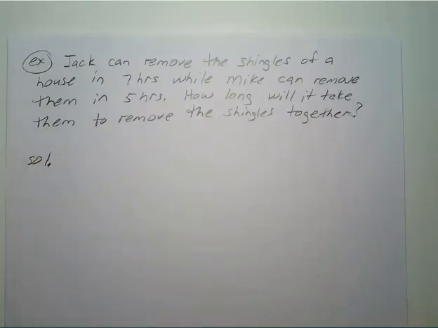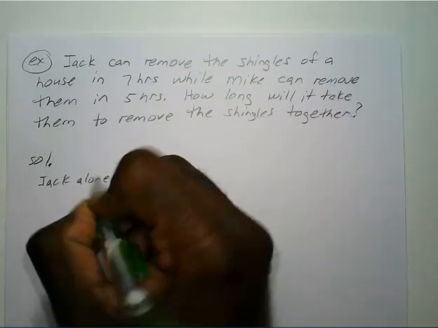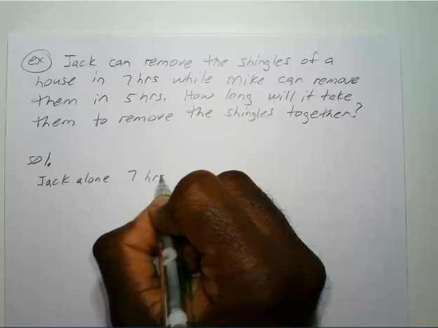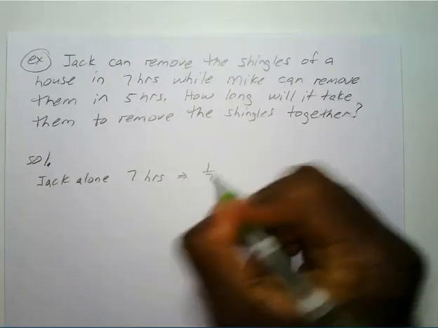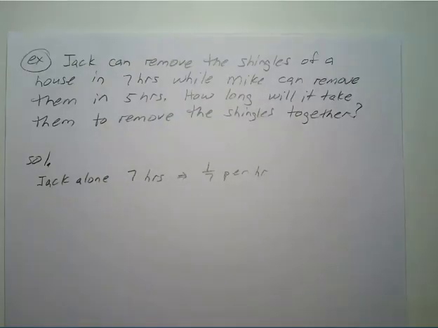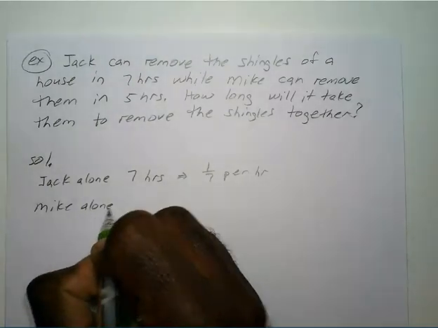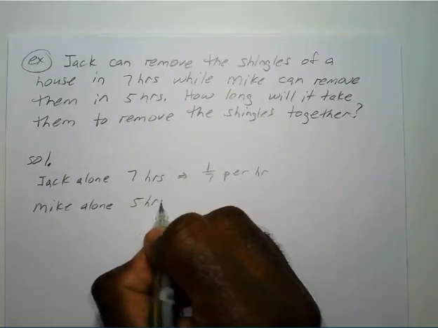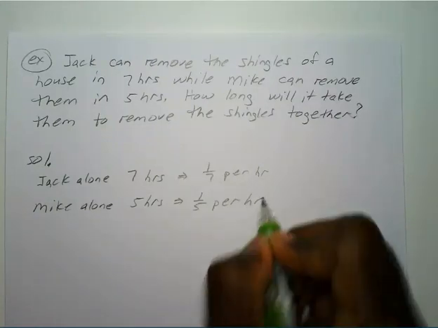Okay, so we have the same setup as before. We know that Jack alone takes 7 hours, so that means it's 1/7 of the shingles per hour. Now Mike alone takes 5 hours, so that's 1/5 of the shingles per hour.